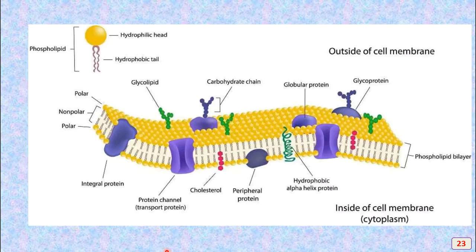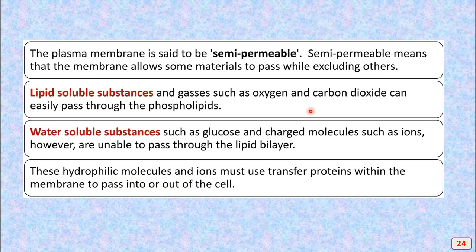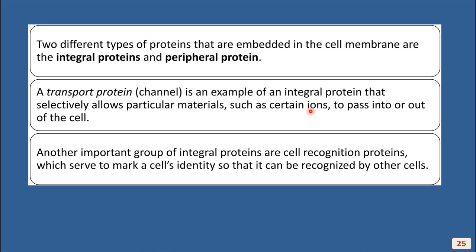Transport proteins, or integral proteins, change their configuration as per the requirement of a ligand, and then transport it inside the cell. So that is another important thing.